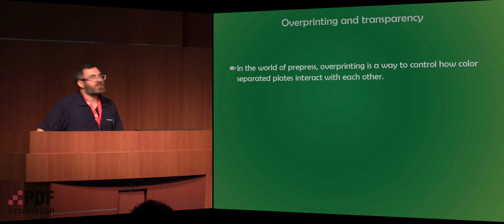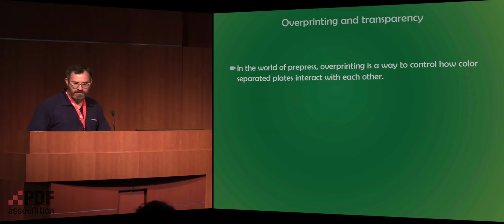And lastly, for decoration, and I think I'm running out of time, overprinting is one way to control how separated colors interact with each other. At one point it was a way to mimic transparency, but you have to be careful with your tonal range when you do that, because you're adding a lot of ink on top of ink.